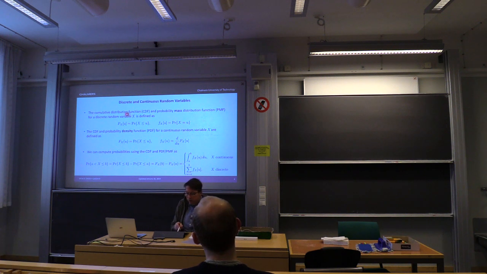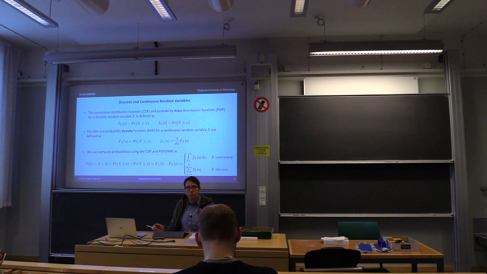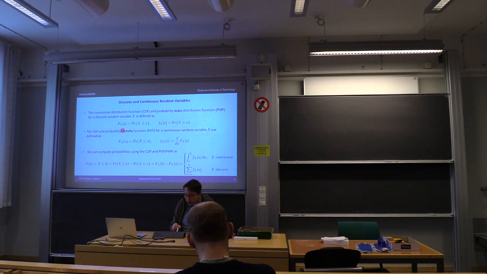Then there is this concept of a cumulative distribution function, or CDF, and a probability mass function for a discrete random variable. First of all, what is a discrete random variable? Well, it's a random variable that takes on a countable number of outputs, maybe all the integers, or in the case of a coin flip, 0, 1, or something like that, something which is discrete. Then one can define the CDF as the probability that the random variable has an outcome which is less than some number u.